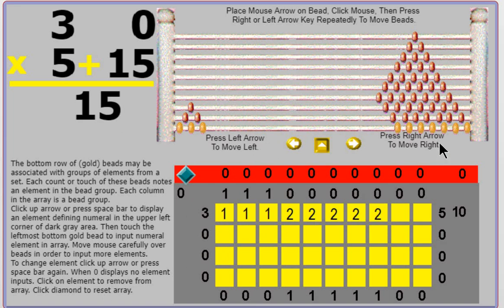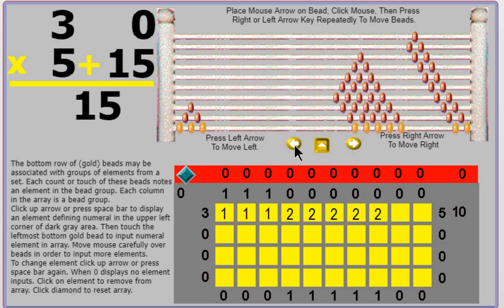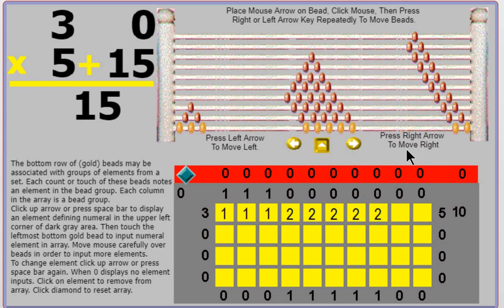And I'm going to click the 5th bead and move it a little bit toward the middle. And if I click the leftmost bead in the group, move it a little bit to the right, I can reveal a rectangle.